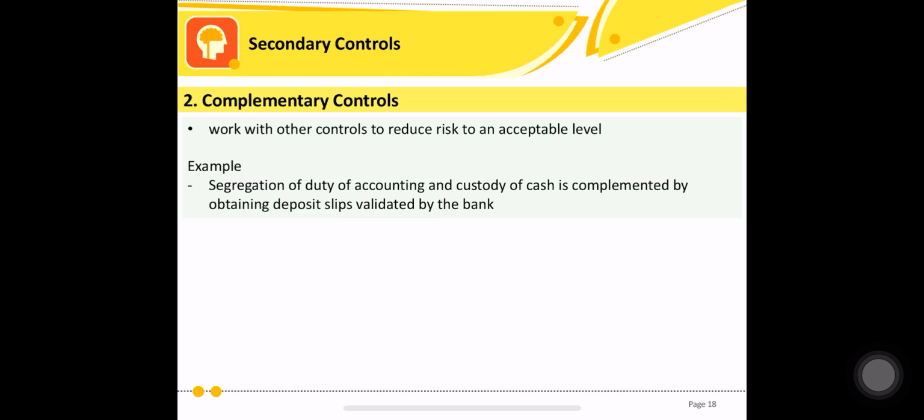Kumbaga, tulong lang siya. Kumbaga, it can be another way for you to trace, for you to detect kung ano man yung possible na mangyari. And for you to say na, okay, na-validate siya ng bank, kanino, anong oras, and there. It just helps the primary control, which is your SOD. I hope it's clear. Dalawa lang naman ang secondary control. Again, it's compensatory and then complementary controls.